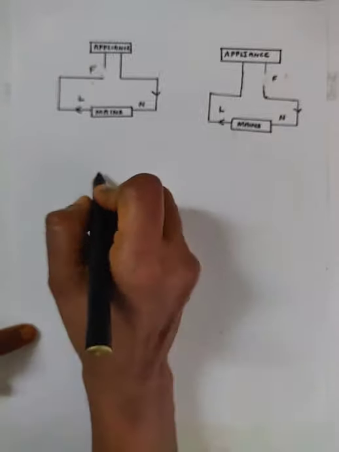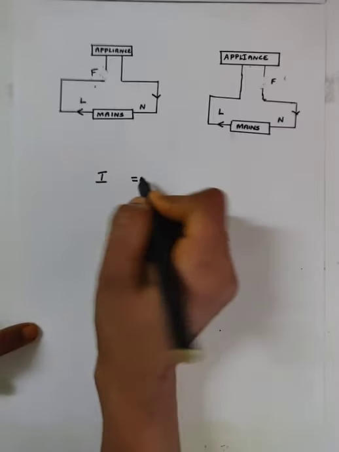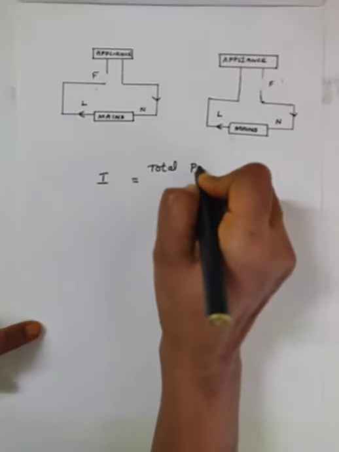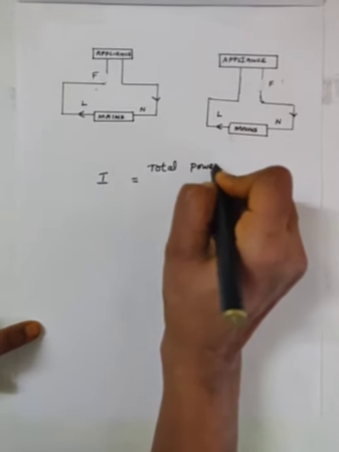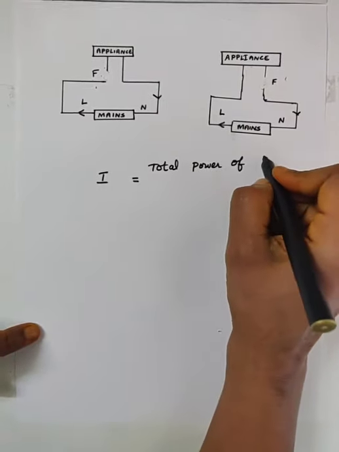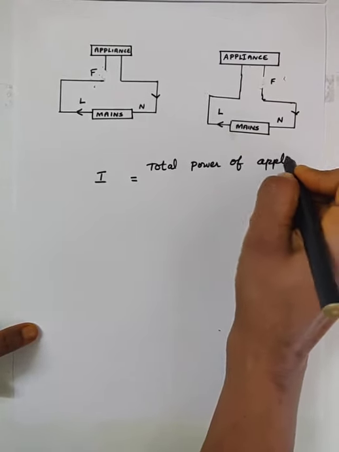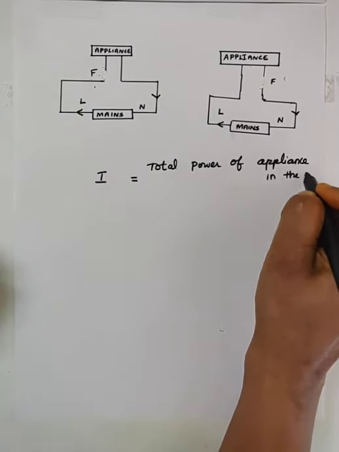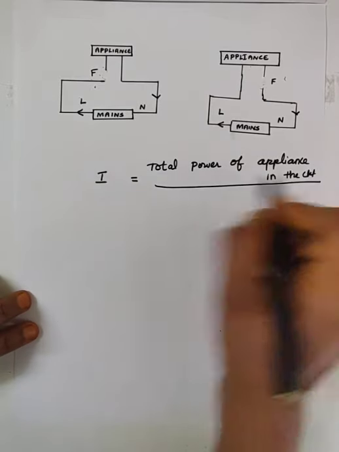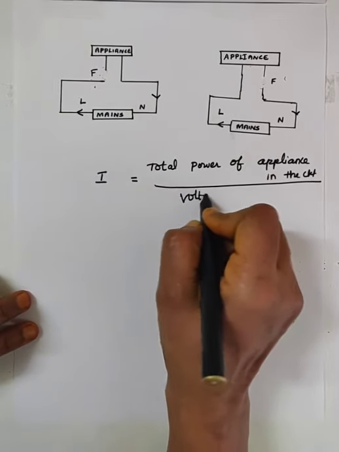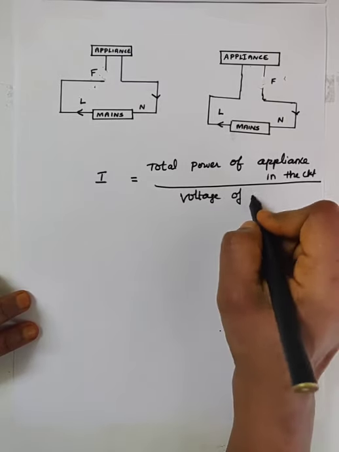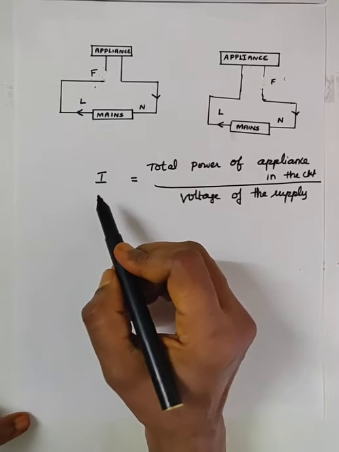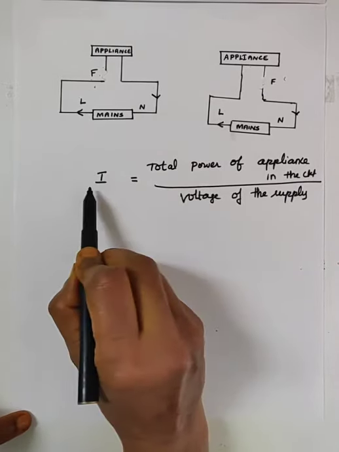The current rating of the fuse can be written as: current rating of the fuse I is equal to total power of appliance in the circuit divided by voltage of the supply. This is the relation for current rating of the fuse.